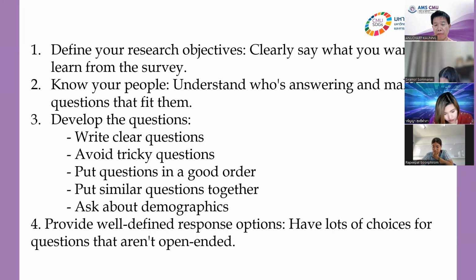Define the research objective clearly and say what you want to learn from the survey or questionnaire. You need to know and understand the respondents to make the questions fit them. That is the second. The third, develop the questions: write clear questions, avoid ambiguous ones, and put the questions in a good order.